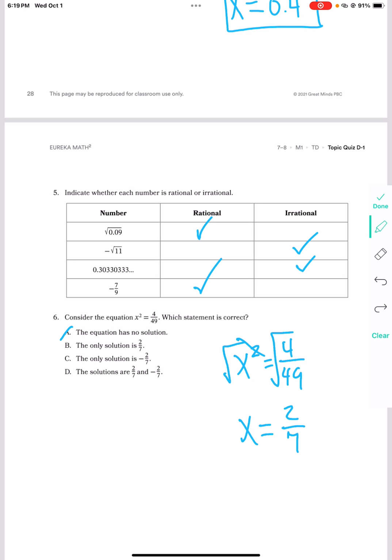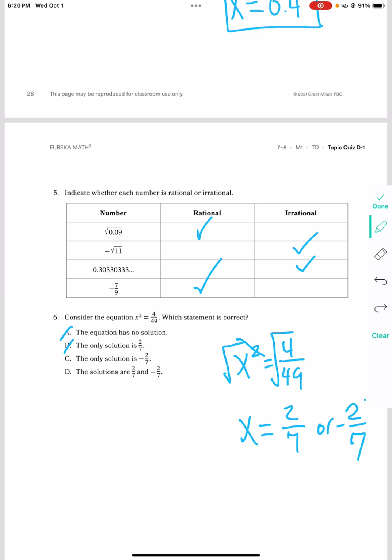Yes, the positive version of this number is an option, but we could also have this negative and get the same answer, because a negative times a negative is a positive. So if you squared this, you would still get this as an answer choice. So now we know that B is not an option.